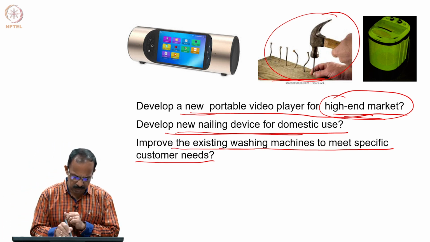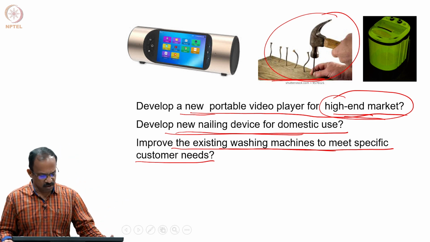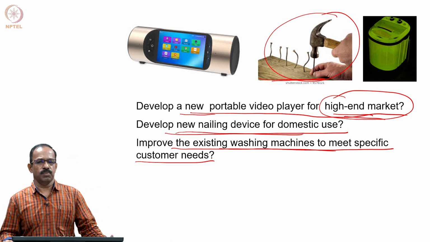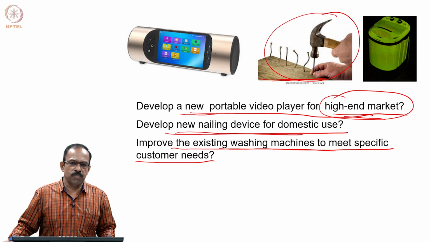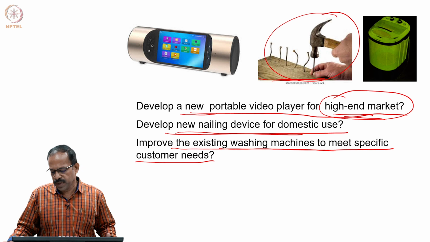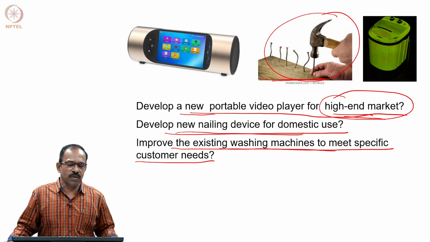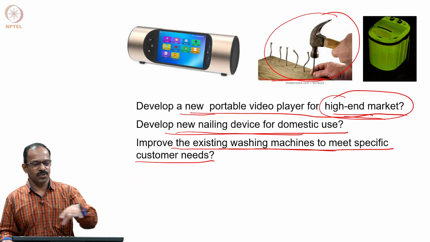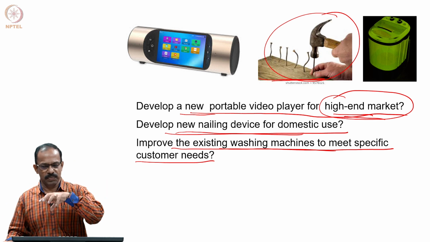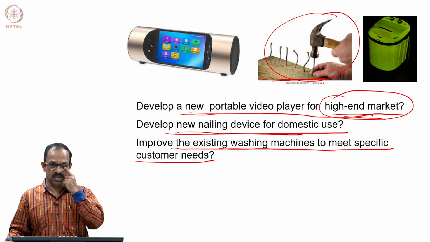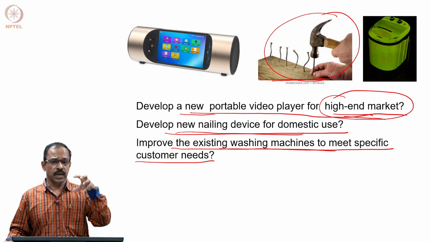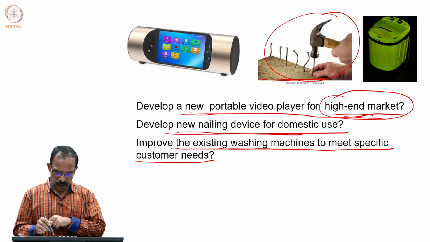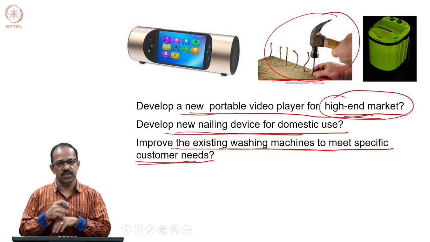So, whatever it is, whether it is a washing machine to meet specific customer needs. Some customers say, okay, I want to reduce the water consumption, that may be a requirement of some customers. Then you need to look at the function blocks which actually use water, and how the water is being used in the product, what kind of functions are there, and then you try to identify a module which can be redesigned to meet the specific customer needs.